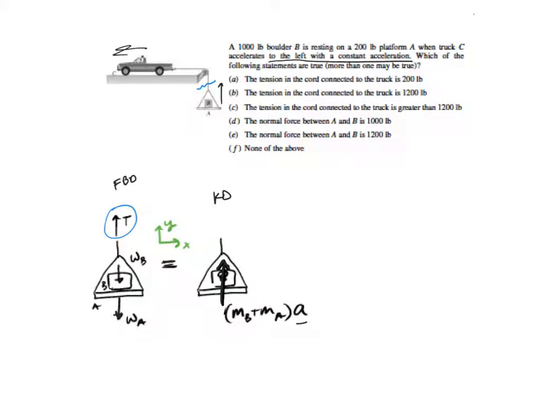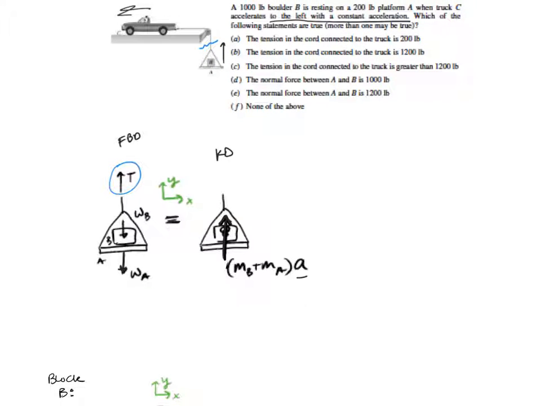So that's going to be the mass of B, the mass of A, multiplied by the acceleration. And so we're going to sum forces in the y direction. We'll call up positive. The reason why we're going to do this is we're asked about the tension. So that's why we first drew the FBD KD, so we could show the tension. Now we can sum forces and create an equation that will talk about the tension.